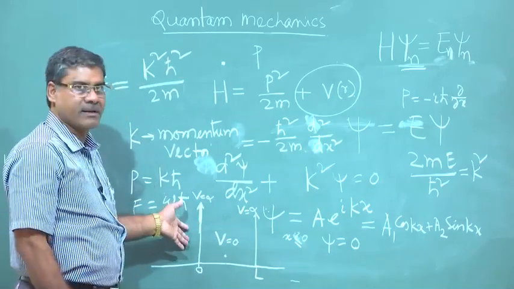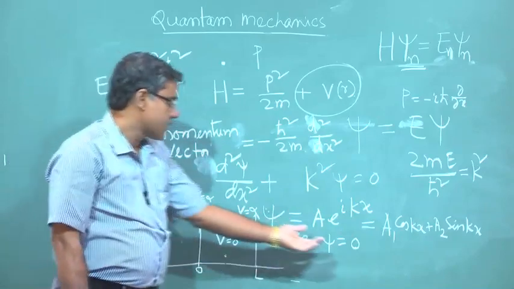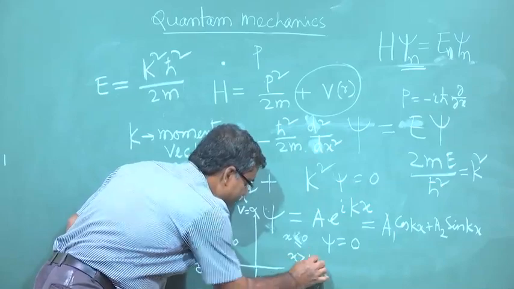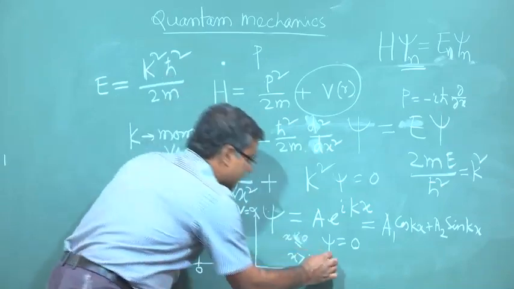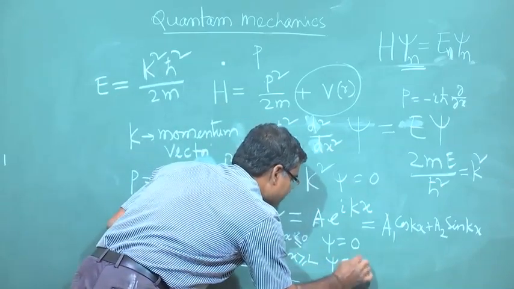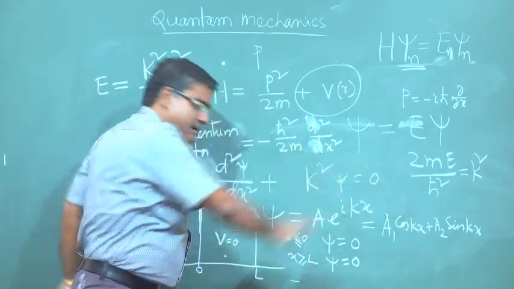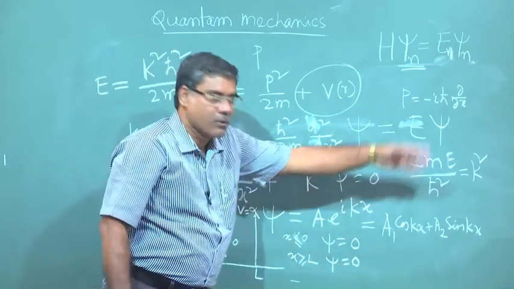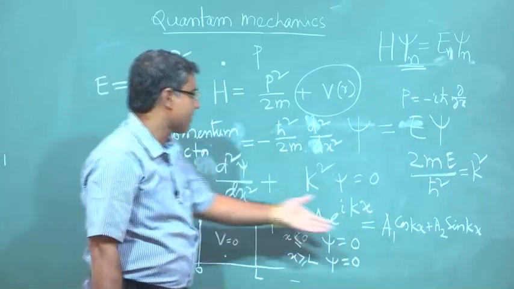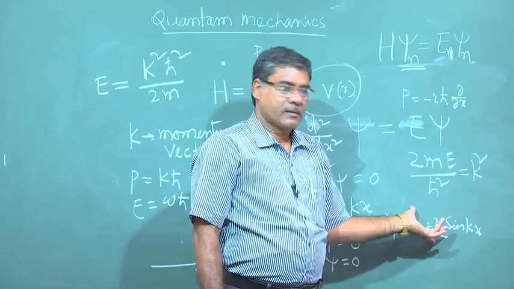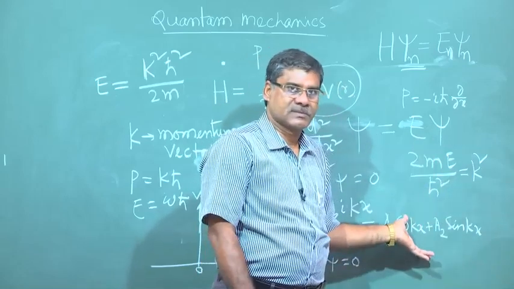There is no possibility. And when x is greater than or equal to L, psi has to be 0 also. If this partition is not there, the particle can go anywhere and one can find it everywhere. So this is the solution.